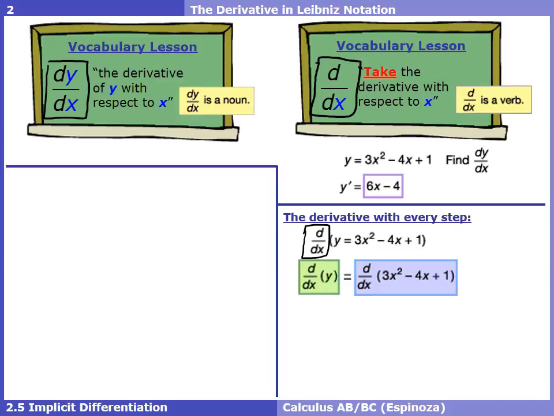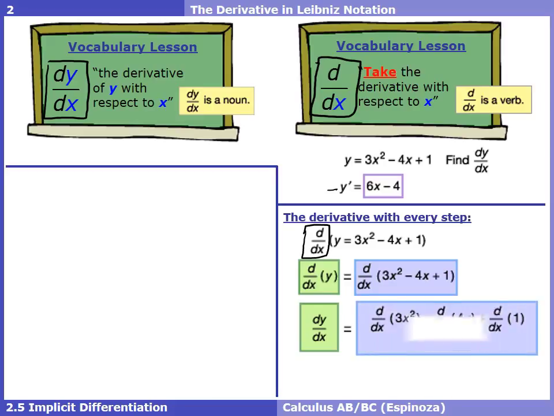So how do we take the derivative of y with respect to x? Well, that's just what we call y prime, or what I wrote as y prime above. Instead of writing y prime, I'm going to write dy dx. Same thing. It still means that's a derivative, but I'm writing it in that different notation. d dx, taking the derivative of y with respect to x, gives us dy dx.